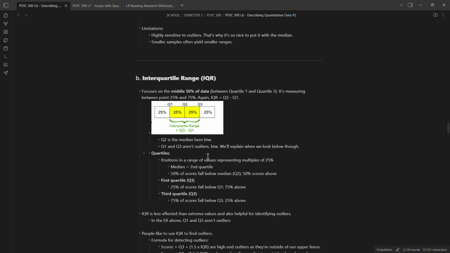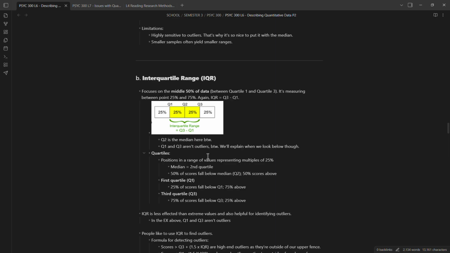So quartiles are positions in a range of values representing multiples of 25. The median, again, is the second quartile. It falls at 50% of the scores. For the first quartile, 25% of the scores fall below Q1 and 75% fall above, because it's sitting at the 25% line.